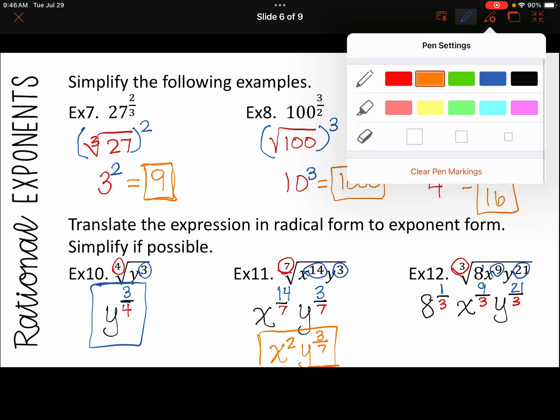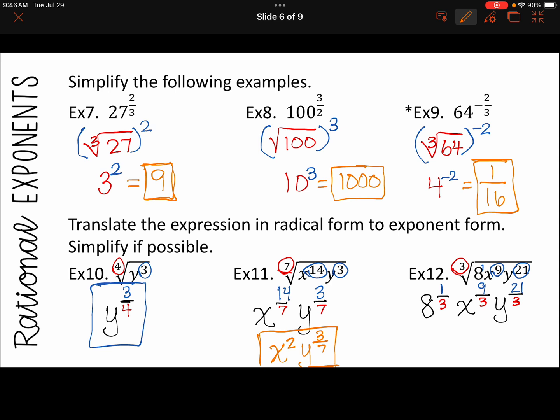So now we're going to go ahead and simplify. The cube root of 8 is 2. And then we have x, 9 divided by 3 is 3, and 21 divided by 3 is 7. So 2x cubed, y to the 7th. All right, that is the end of today's lesson.